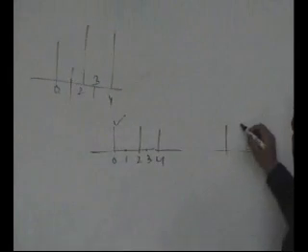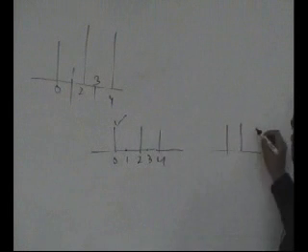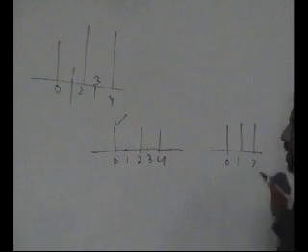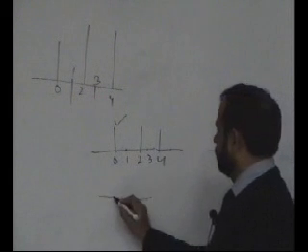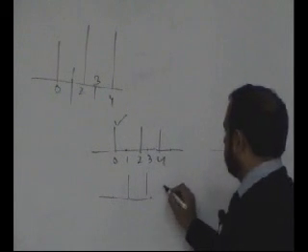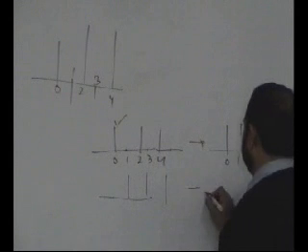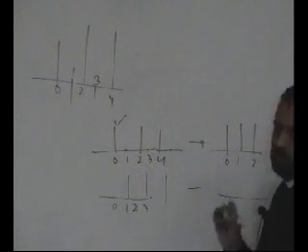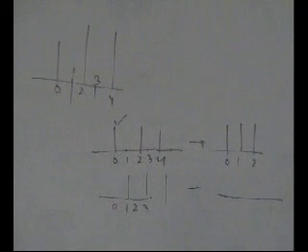Now keep this sample, drop this, keep this sample and drop this, so you get this. Now if you shift it by 1, what would you get? You get 0, 0, 0. But this is a system which is time variant. If a different time is used, it will give you different answers.